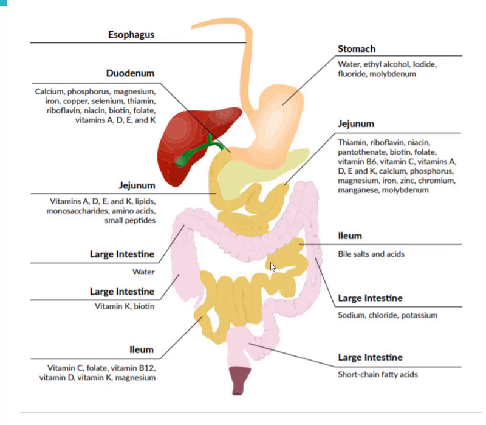These short-chain fatty acids should be absorbed in the colon, and we really want propionic acid, butyrate, acetate, these other short-chain fatty acids to be produced down here.